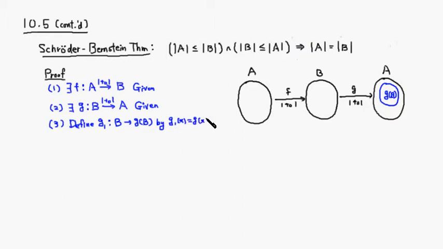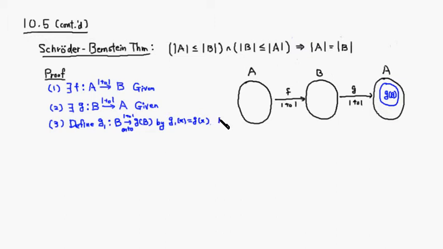So g1 is the same function as g, the only difference being that the codomain used to be A, but we shrink it so that it becomes onto. This is still one-to-one because the original function g is one-to-one, and since the codomain is shrunk to the range, it is also onto, so it's a bijective function.